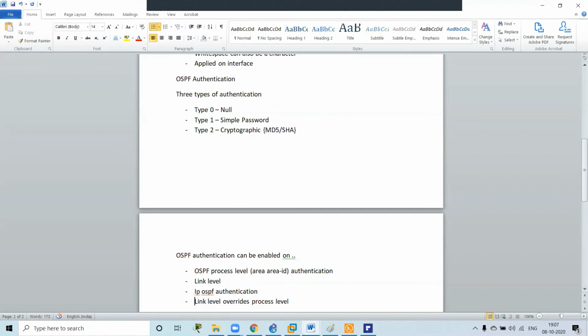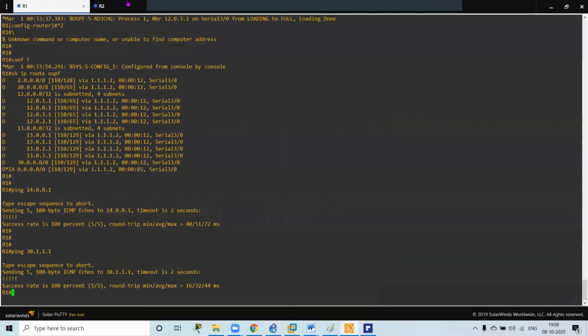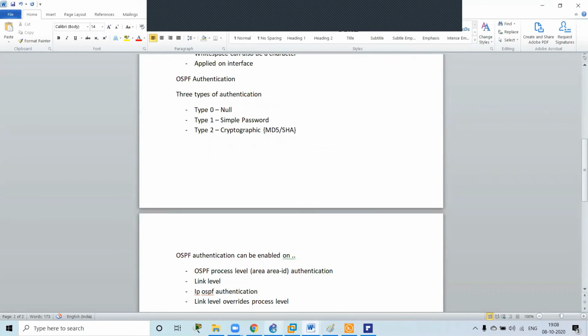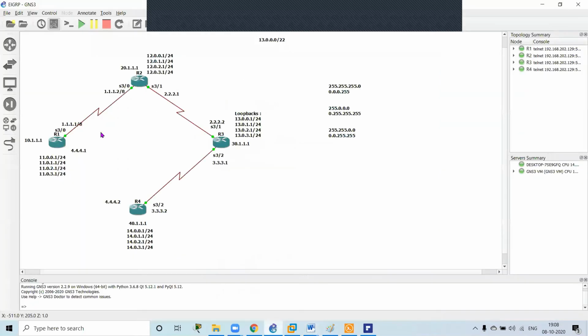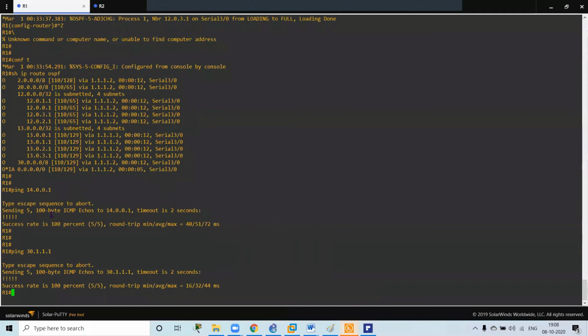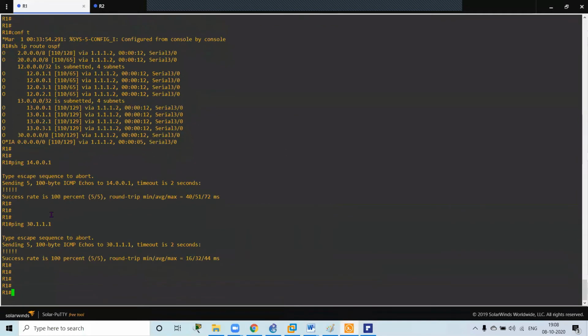Okay, so as we already have OSPF configured between the routers, we will start with OSPF only. I'll just take R1 and R2, two routers only, and configure authentication between them.